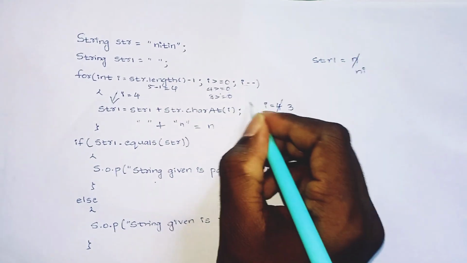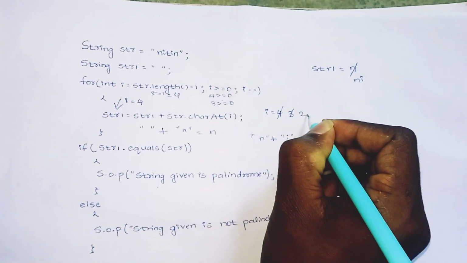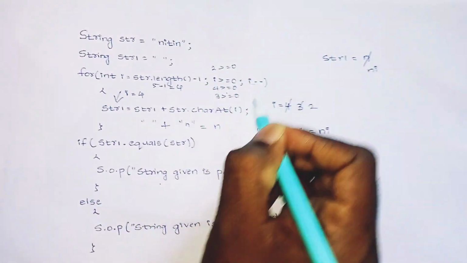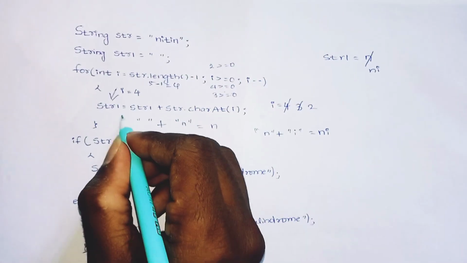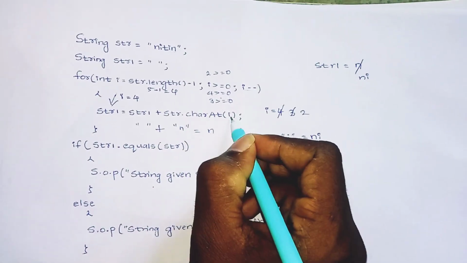Okay, now the i value, initially we have 3, now it gets decremented by 1, so i becomes 2. It checks the condition 2 >= 0, the condition is true, and it enters the loop. str1 = str1 + str.charAt(i). Now i is 2.